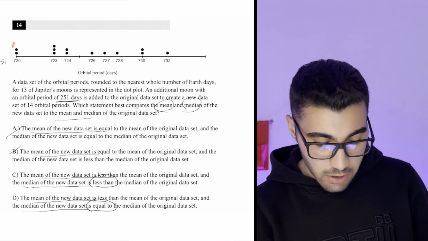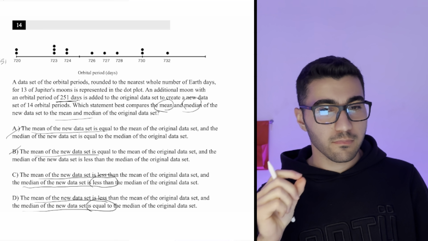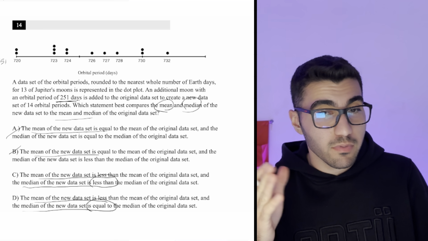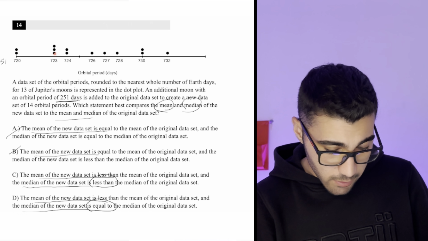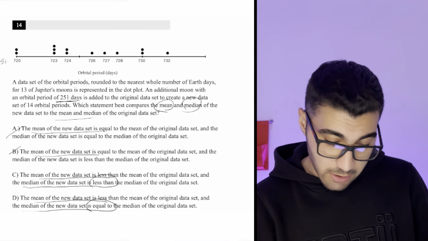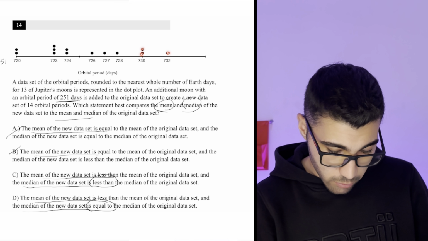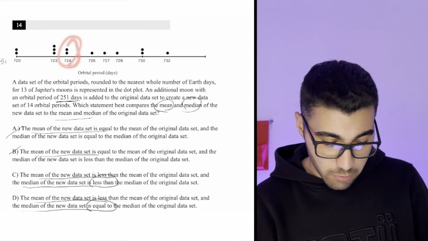So we have 13 here, the median is going to be 13 plus 1, 14, divided by 2, 7. So the seventh point is going to be the median. Counting from here, 1, 2, 3, 4, 5, 6, 7. Okay, the median is here, or from the right side, 1, 2, 3, 4, 5, 6, 7. Again, median is here. So the median was 724.